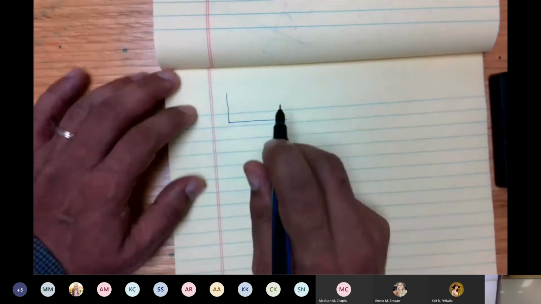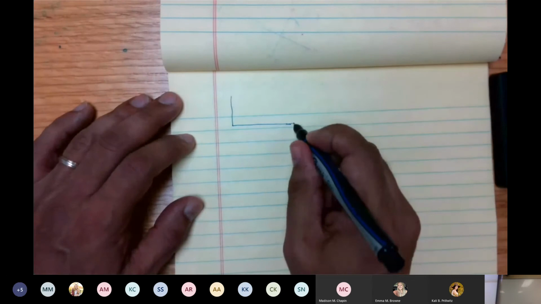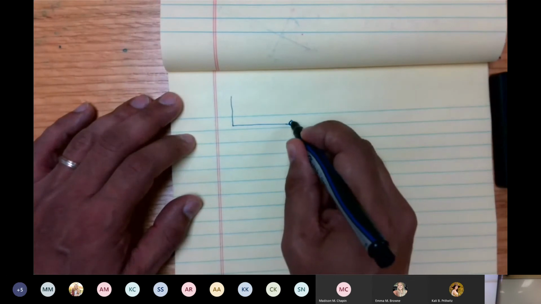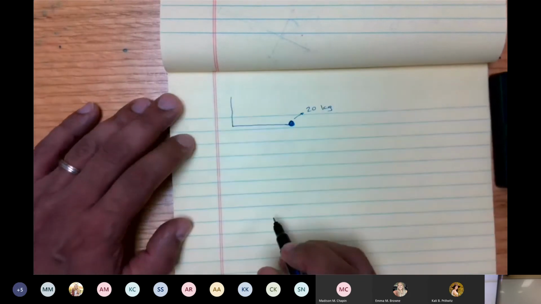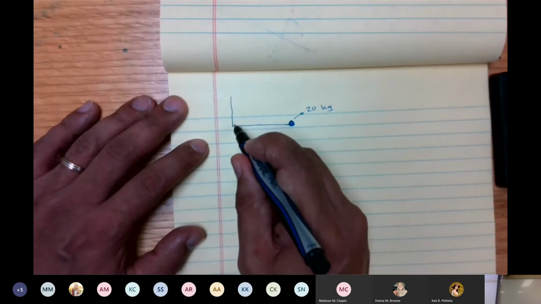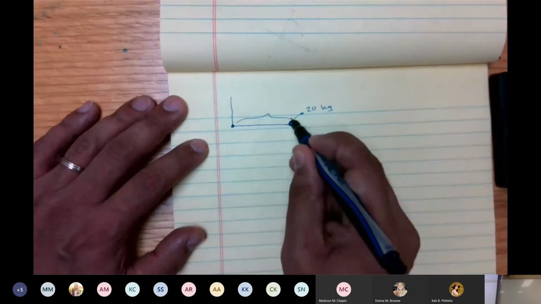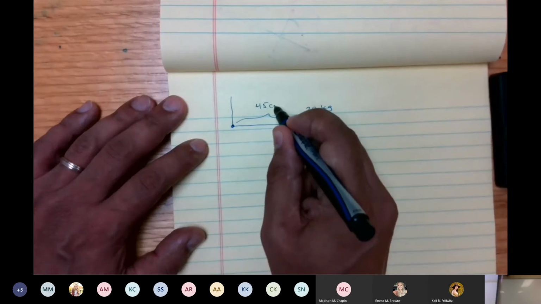It's not something that we will do all the time, but right now I'm going to assume that the weight of my arm is negligible. At the end of my arm, I'm going to have a dumbbell, and this dumbbell has a mass of 20 kilograms. The distance between my elbow and my hand is 45 centimeters.